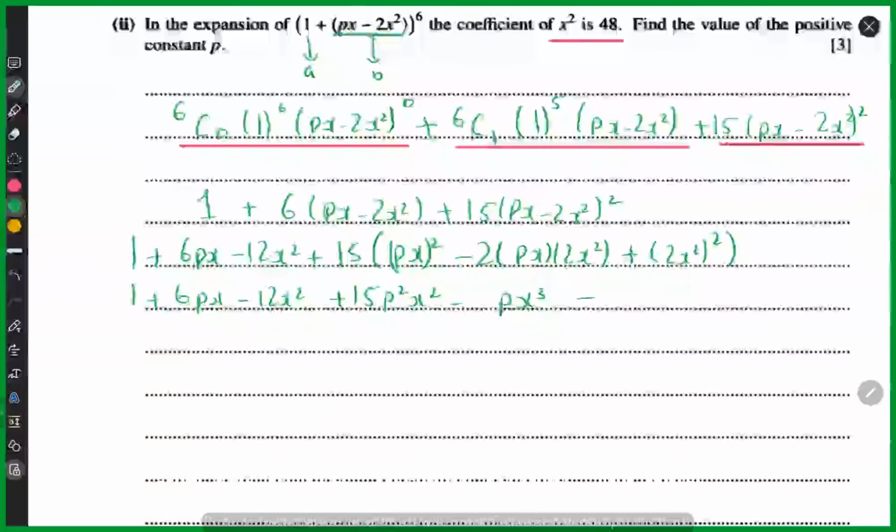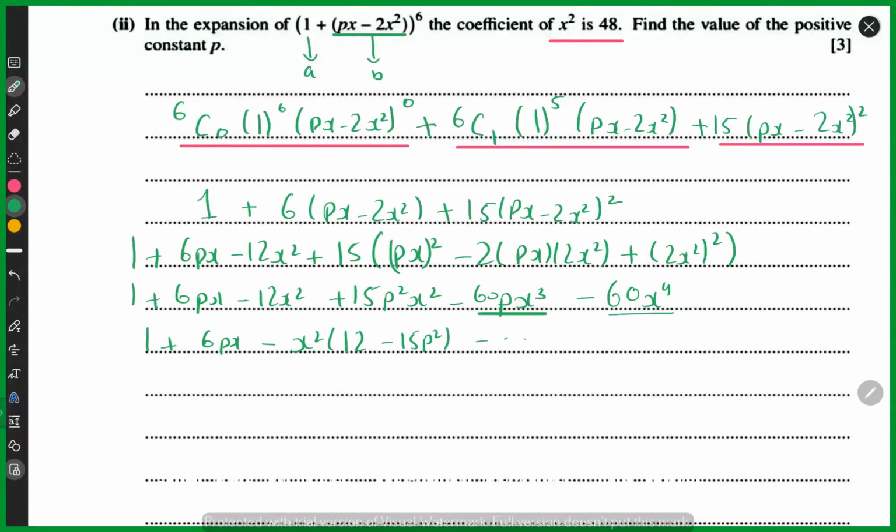So this would become 60px³, and then minus 4 into 15 again is going to give you 60x to the power 4. 1 plus 6px, minus, I'll take x² common, 12 plus 12 minus 15p². The x³ and x⁴ terms are irrelevant here.